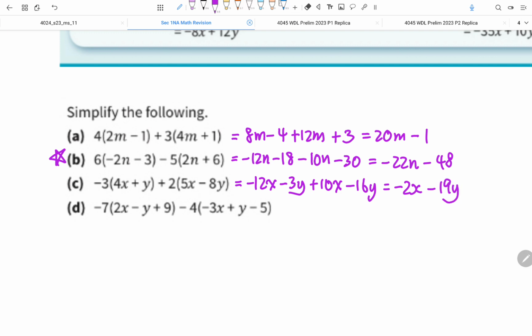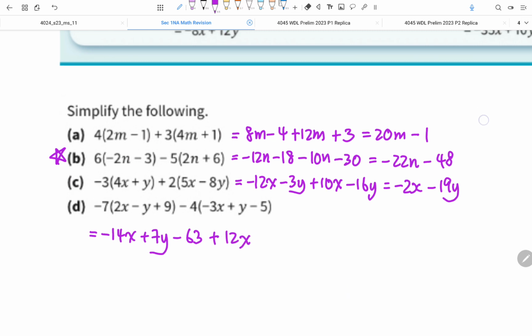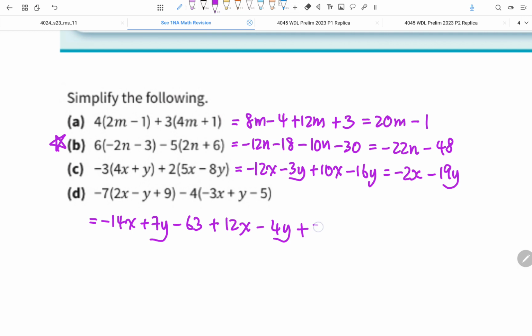Third case, the last one, just expand everything. Negative 14x plus 7y minus 63 plus 12x. Now why plus 12x? Because negative 4 times negative 3 is positive. Minus 4y plus 20.